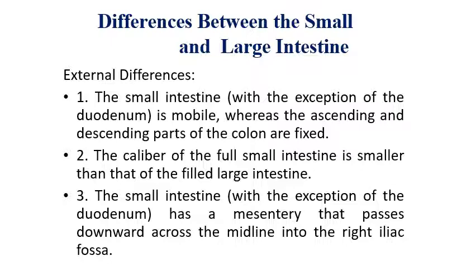And the caliber or the diameter of the full small intestine is smaller as compared to that of the full large intestine. And small intestine, again with the exception of duodenum, has a mesentery that passes downward across the midline into the right iliac fossa. So these are the differences.